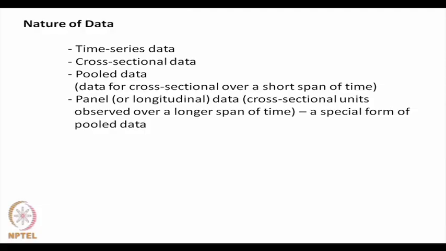Pooled data is cross sectional data over a short span of time, and panel data is a special form of pooled data where cross sectional units are observed over a longer span of time. Regression analysis can be done on each type of data.